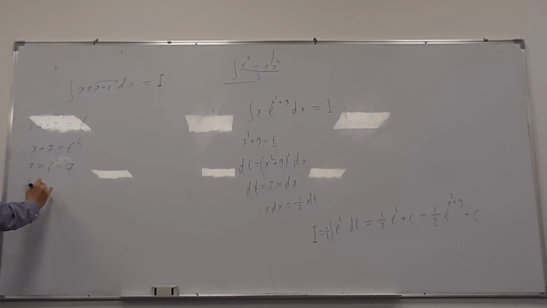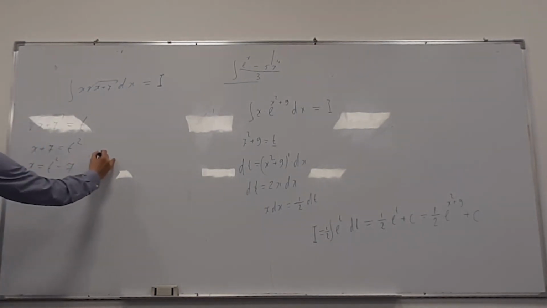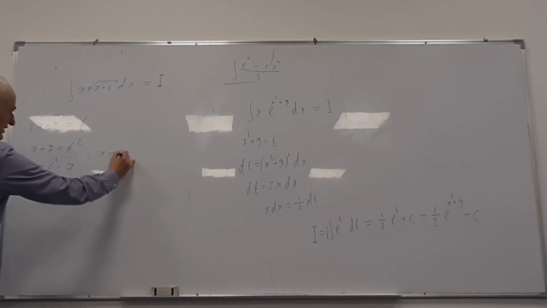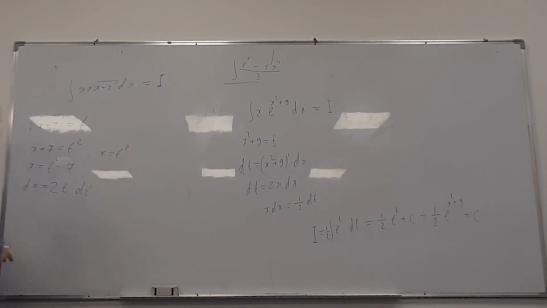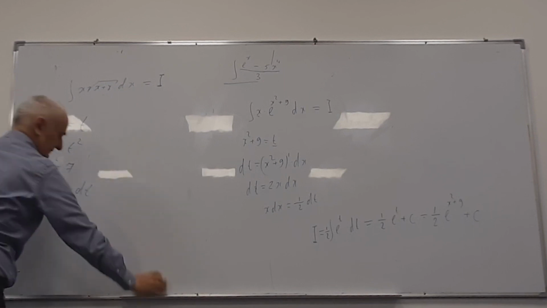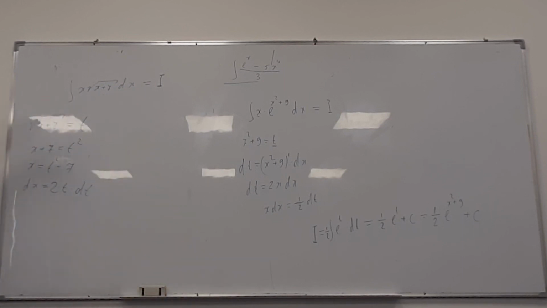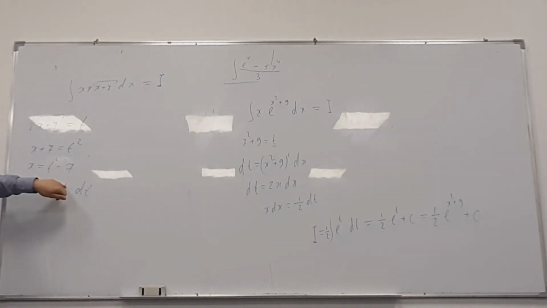And what is dx? 2t multiplied by dt. So now I know. x, I will replace by t squared minus 7, since x equals t squared minus 7.